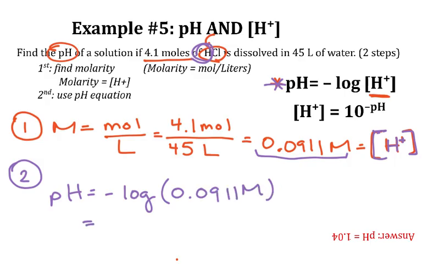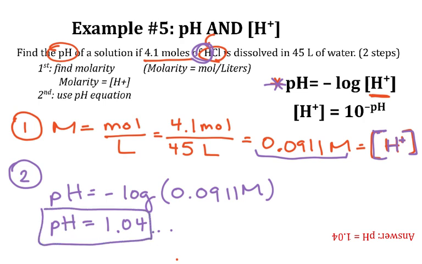And we can plug that into our calculator. I got 1.04, and that continues on, but I'm going to just round that to 1.04. pH, again, doesn't have a unit. So just 1.04 is our answer. Or you could say pH equals 1.04.